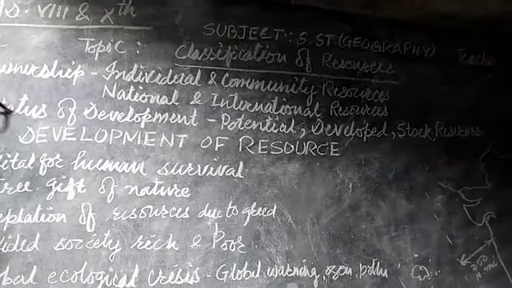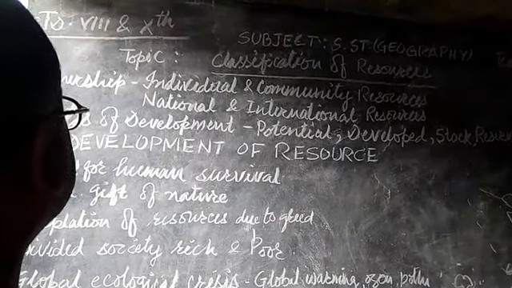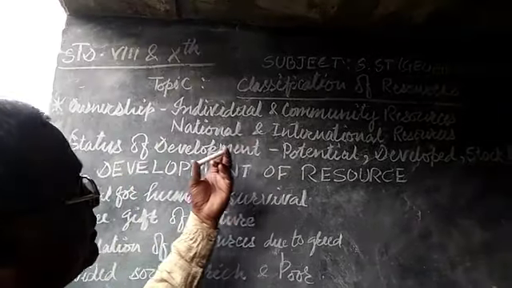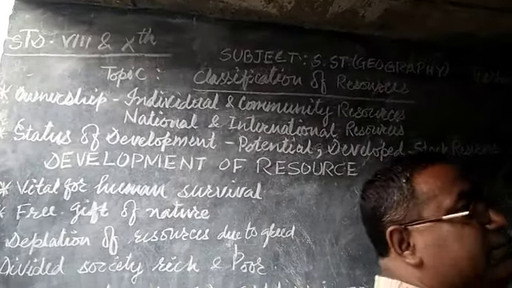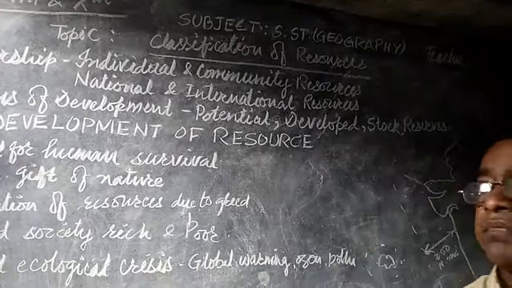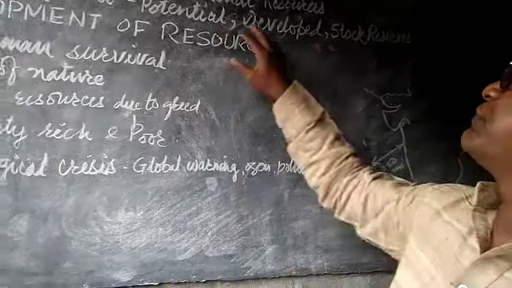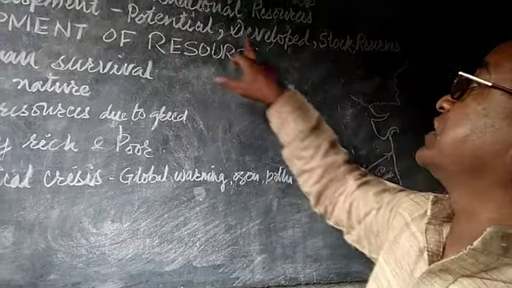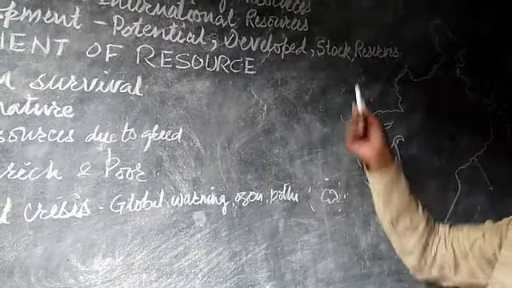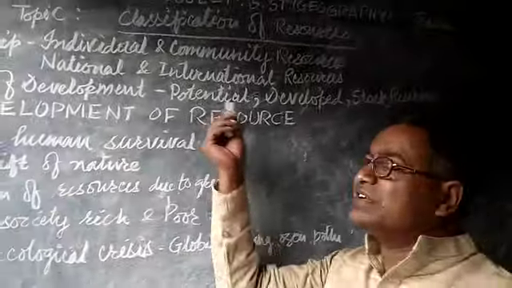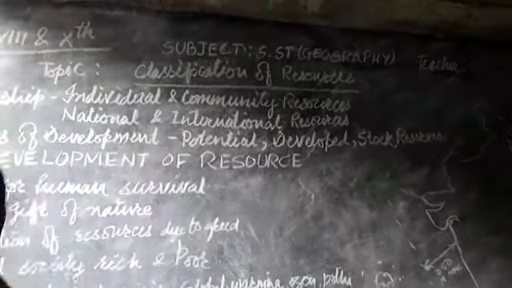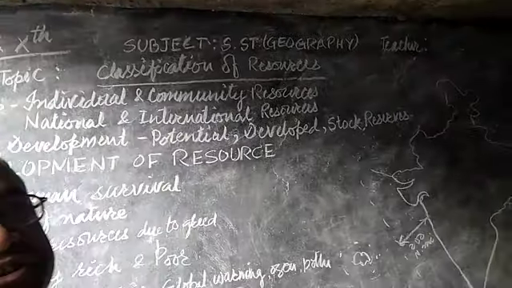The next classification of resources is the status of development. On the basis of status of development, there are four types of resources: potential resources, developed resources, stocks, and reserves. Potential resources are those which have potentiality for the nations.